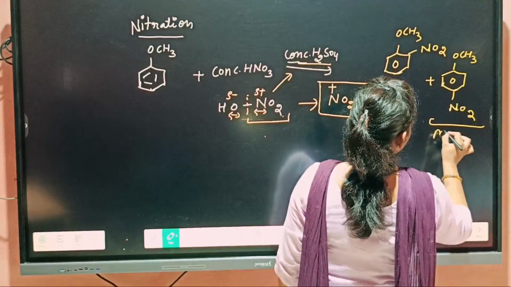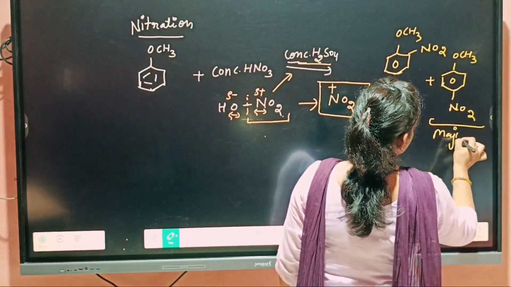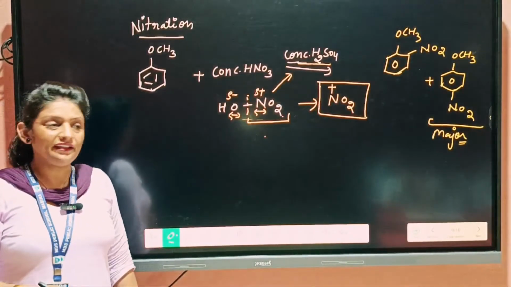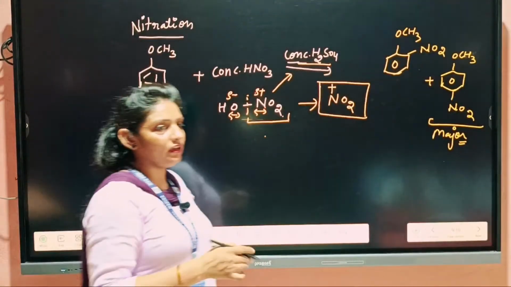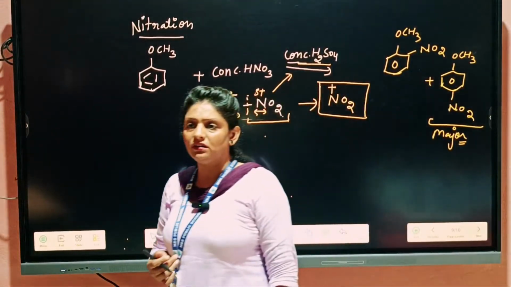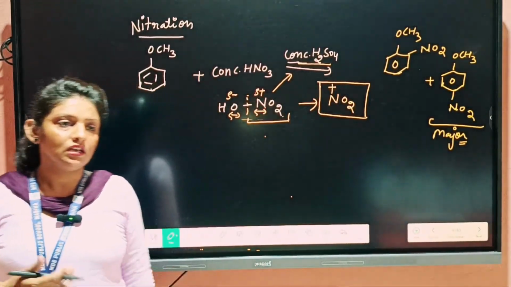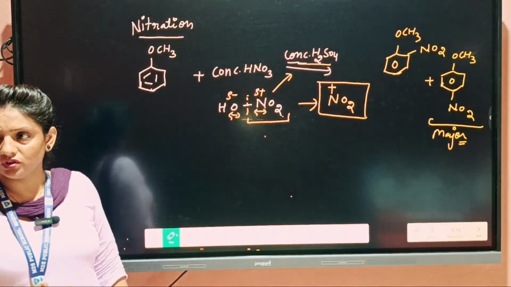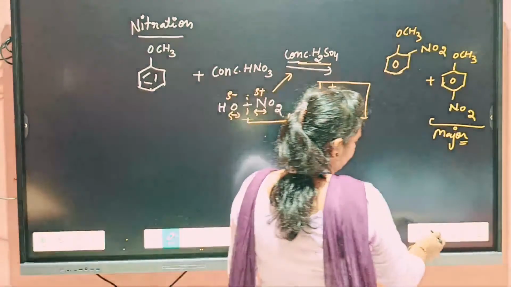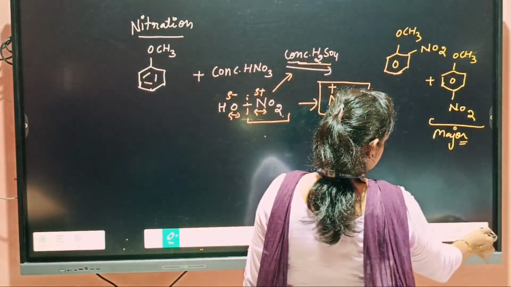Again this will be the major product. Students, it does not show sulfonation in simple conditions, because ether is reactive, but it is least reactive. It is least reactive. Clear to you or not? So these are the electrophilic substitution reactions we have discussed.